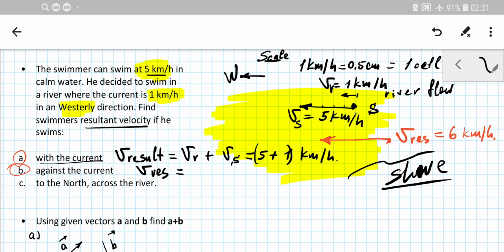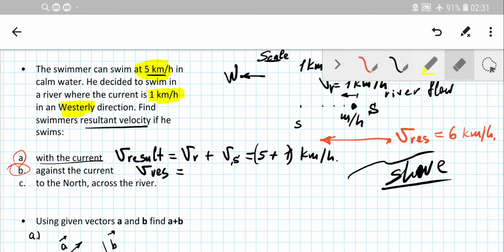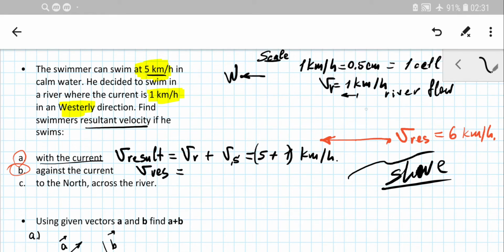Now the swimmer, in the river, turns velocity back, so from the end of the river vector he swims backwards for the length of 5, so that's 5 km per hour, the swimmer.